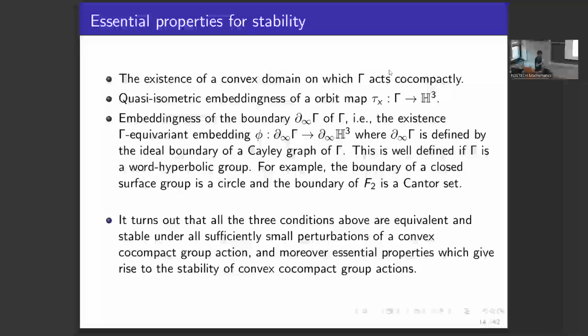You can prove that by using the existence of a convex domain on which the group action is co-compact, you can prove the stability. And also the quasi-isometric embeddedness of the orbit map.